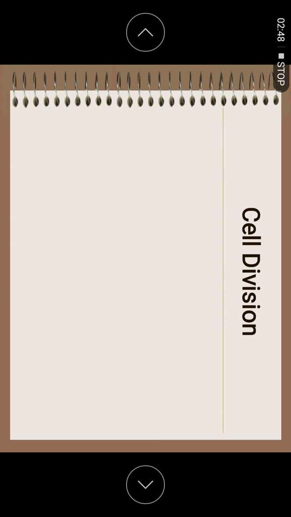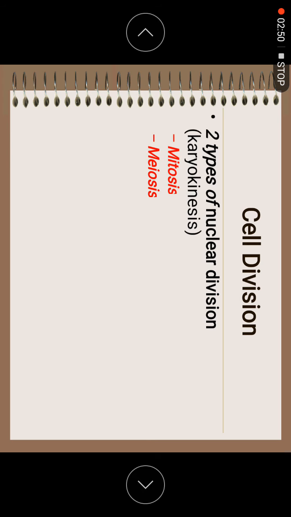Now next, for the nucleus to divide, karyokinesis, there are two ways. Generally we have two types of cells in the body. One type of cell will undergo mitosis, and another type of cell will undergo meiosis.